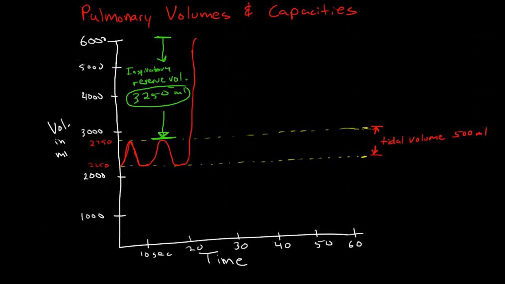Now, say we relax, go back to our tidal breathing, and then we decide to forcefully exhale everything that we can. Whoops. We forcefully exhale. But the mistake that I made here is I exhaled right down to zero, and that is actually impossible. We can't remove all of the air from our lungs.